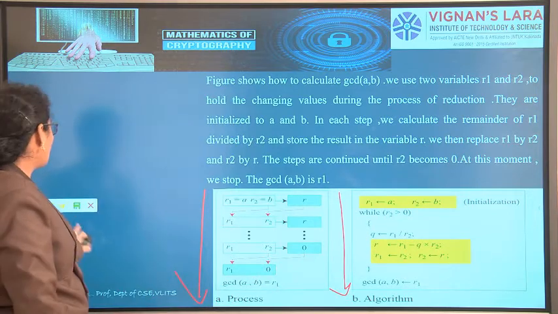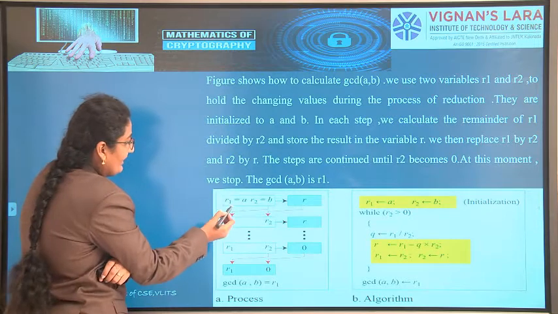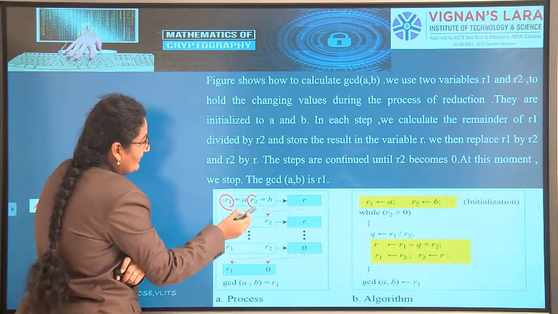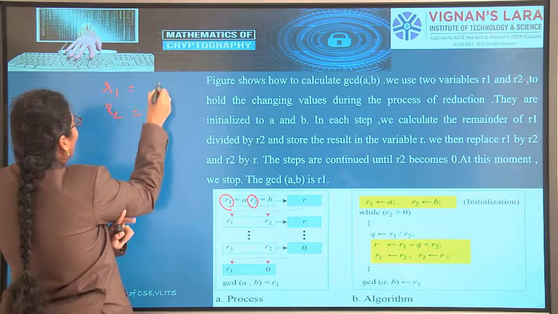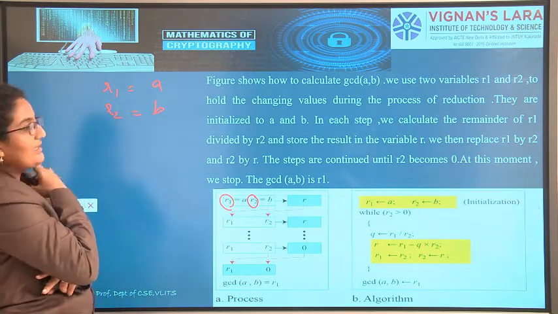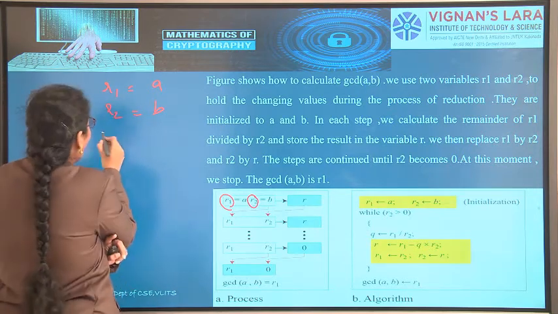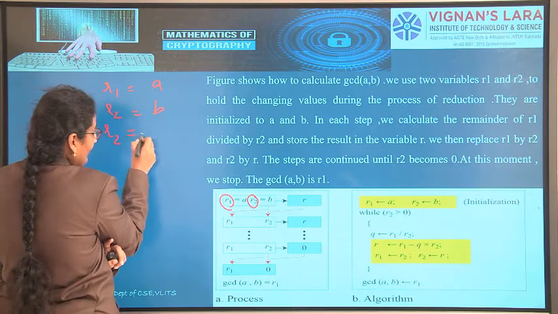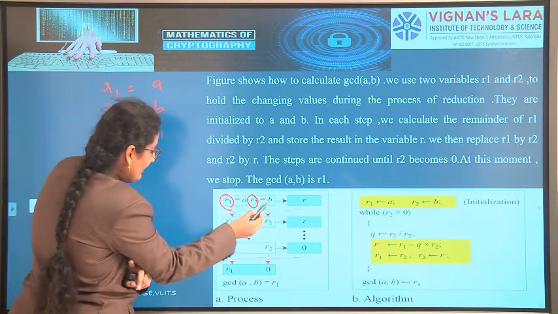So let us see the process now. First we take R1 and R2. What are the two positive integers we have? A, b. So A is R1, B is R2. Now what should we do?